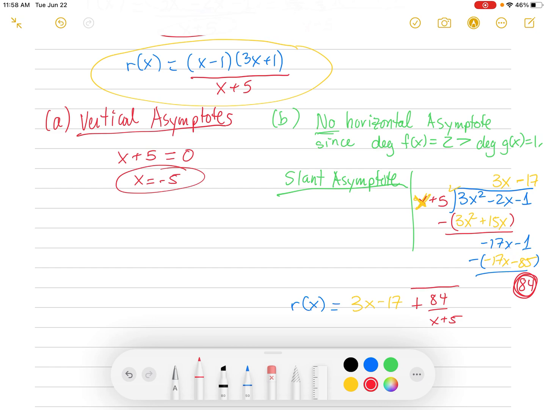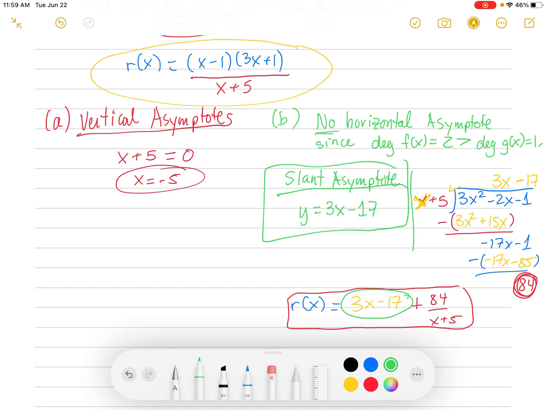And then take the remainder, which is positive 84, and put that over the divisor, x plus 5. So here's another way to write your function. And the horizontal asymptote, I'm sorry, the slant asymptote is going to be this part right here. The slant asymptote is going to be y equals 3x minus 17. That's my slant asymptote.